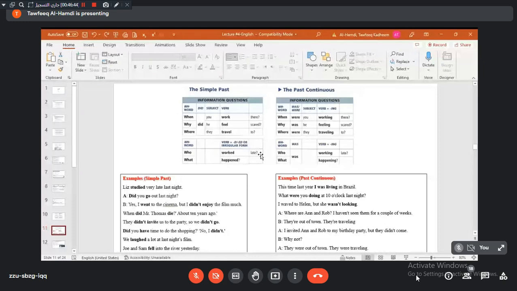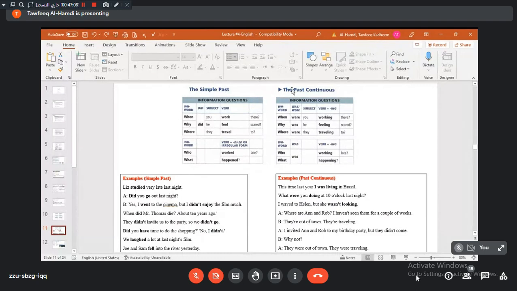So I'm asking about this subject. When I'm asking about an action that happened in the past, I can say, for example, what happened? I'm asking about something that happened in the past.